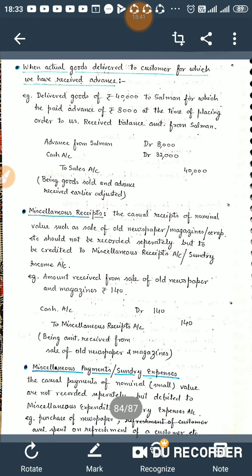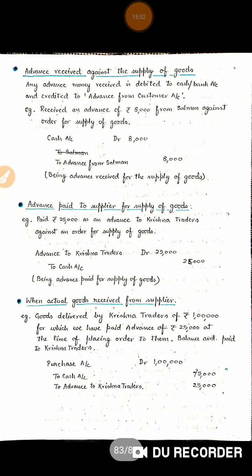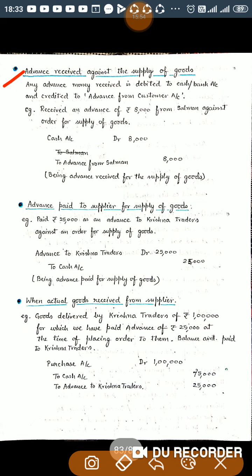Now next, the same thing will happen when actual goods are delivered to a customer for whom we have received advance. Just now we have discussed this transaction. We have received advance from the customer against the supply of goods.